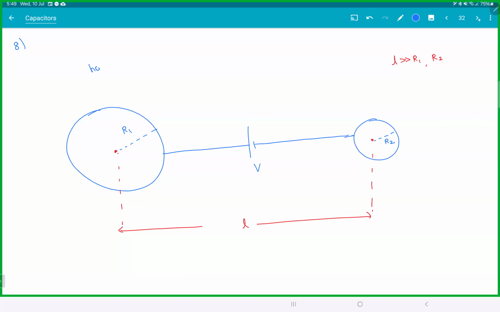These are hollow conducting shells. Clear? So the first thing is to find the capacitance of the system.